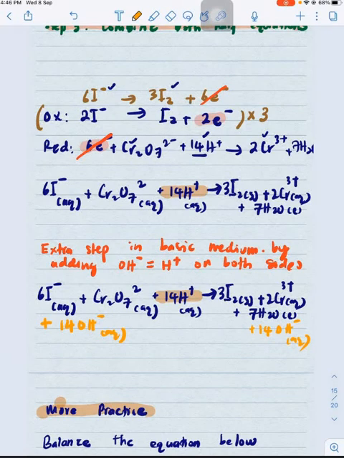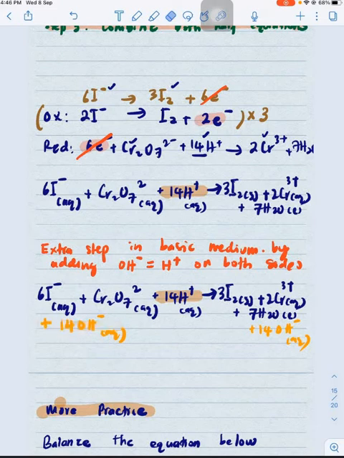So bila kita tambah belah kiri tu, kenapa kita tambah belah kiri dulu tadi? Sebab kita nampak ada 14H plus on the left side kan. So kita pun tambahlah 14 mole of OH minus. So belah sana pun kena tambah juga. So impact dekat sini. Bila kita ada 14 mole of H plus dan 14 mole of OH minus, apa akan jadi adalah H plus bertemu dengan OH minus, dia akan bergabung jadi apa?